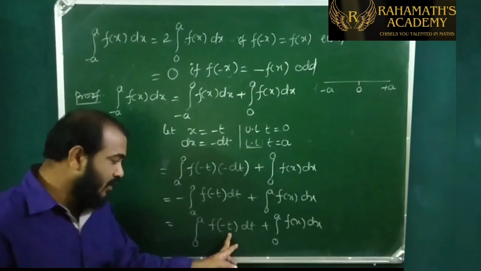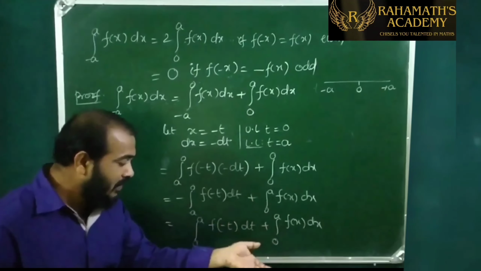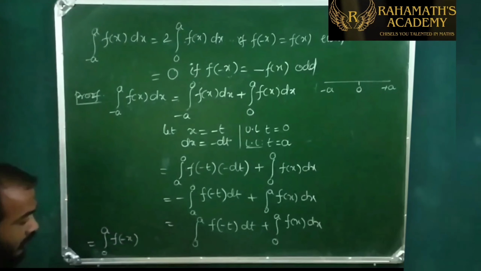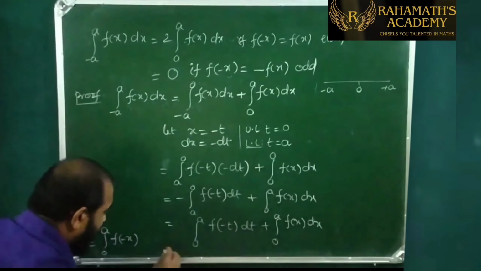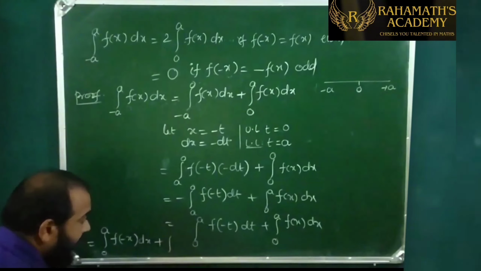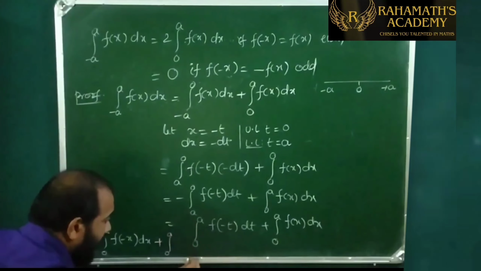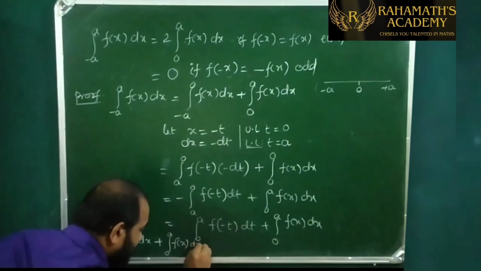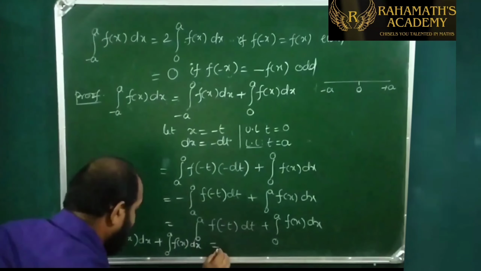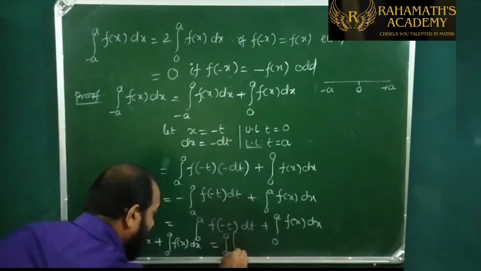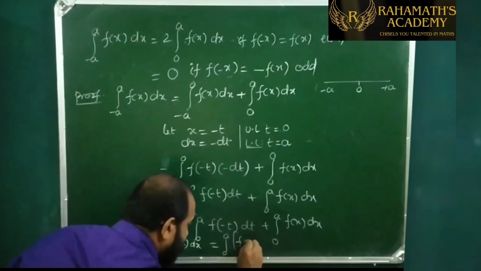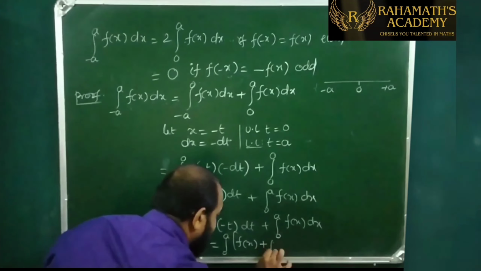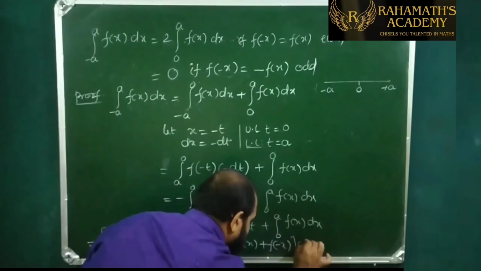So since t is a dummy variable, t can be replaced with x also. So f of minus x dx plus integral 0 to a f of x dx. That means integral 0 to a f of x plus f of minus x dx.